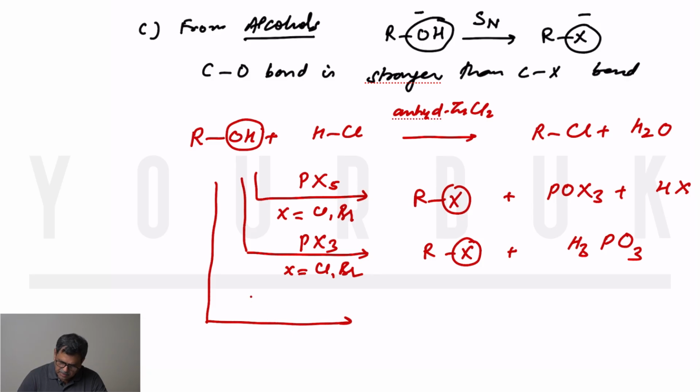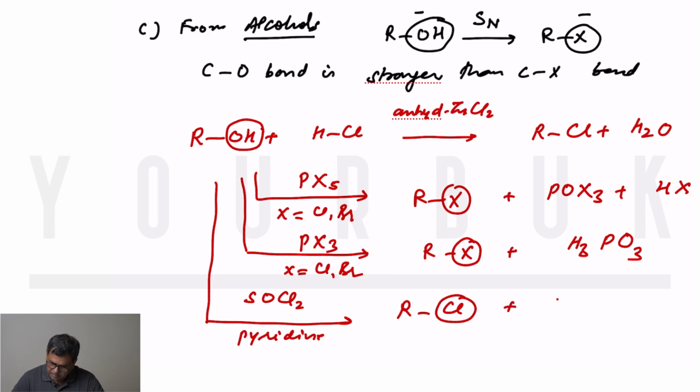We can also use with alcohol thionyl chloride, SOCl2. Thio in organic stands for sulfur, in the presence of some base called pyridine. So we use pyridine as a base, and the role of the pyridine is to remove HCl from the right hand side.